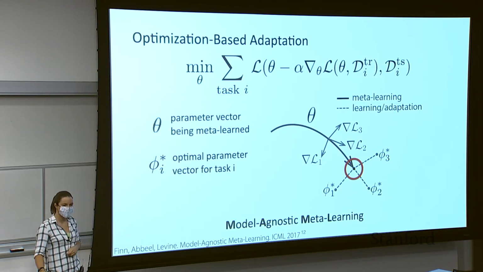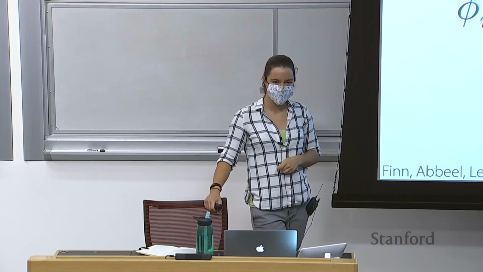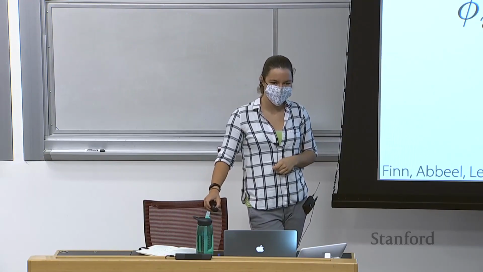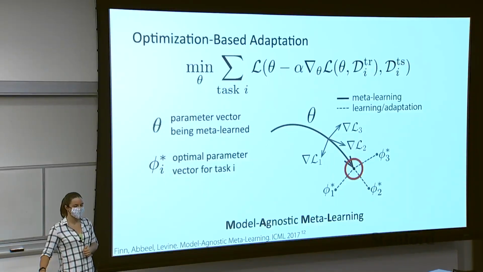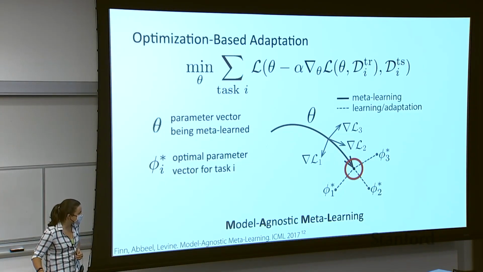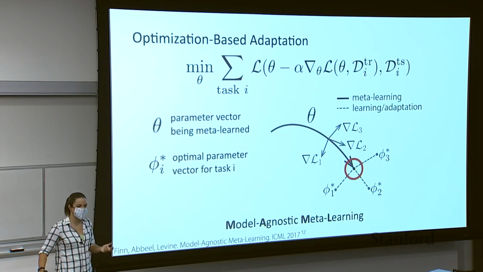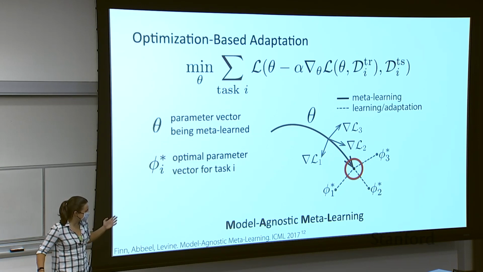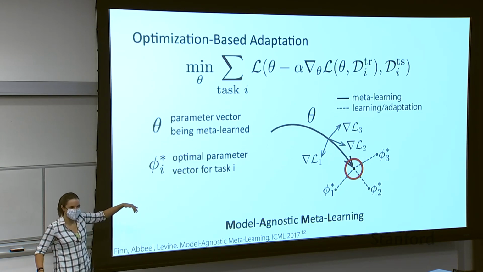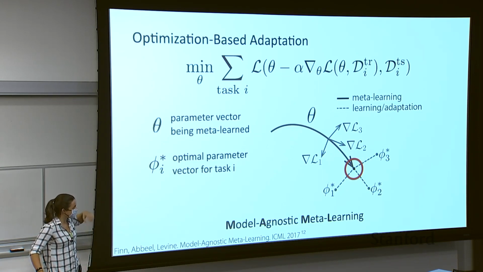Yeah? If we want to get to a theta vector in this way, doesn't it assume that each of the optimal phi's are kind of close together? Yeah, so the question is, does this assume that the optima are kind of close together in the parameter space? One thing I'll mention is that this graphic is helpful for understanding the algorithm and visualizing it.